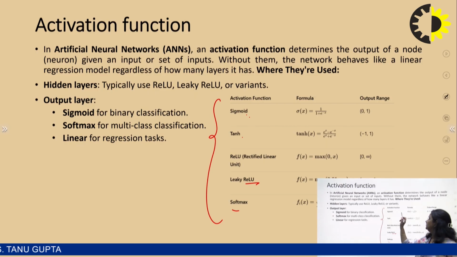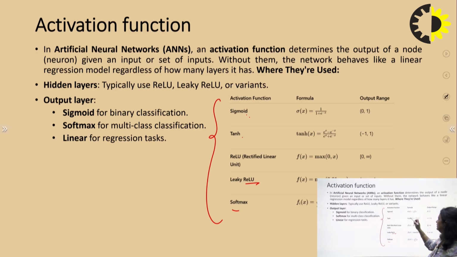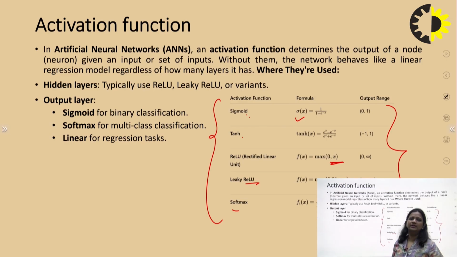The formula for the sigmoid activation function is given by that formula, then tanh, and for leaky ReLU f of x is the maximum of 0.01x and x, and so on, and its output is considered in the following range.